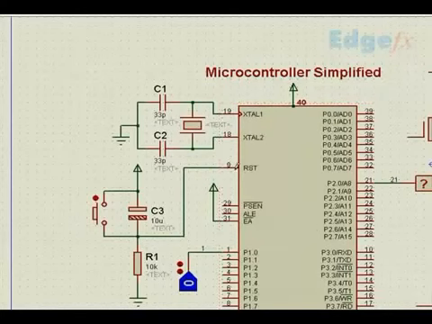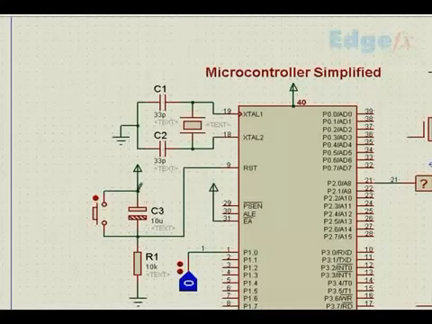Then you've got the 9th pin. The 9th pin is called the reset pin. On this reset pin, we have connected a capacitor in this fashion and a resistor in this fashion, positive and negative. The reason is that the moment we switch on, this capacitor starts charging. Charging means this point immediately goes to high, because the capacitor originally was in a discharged condition, so this pin goes to high.